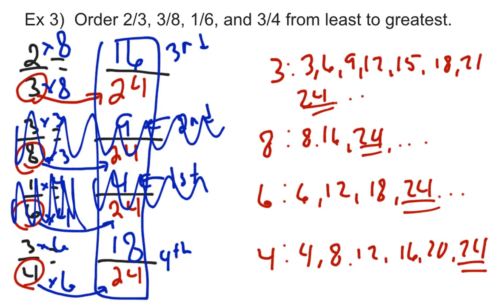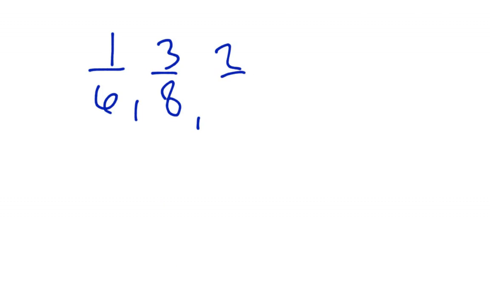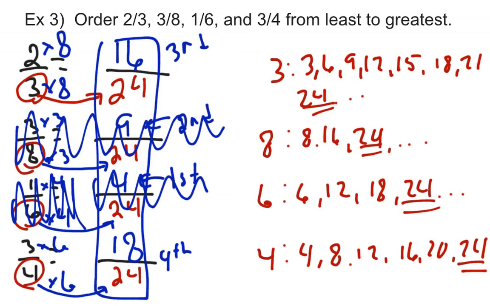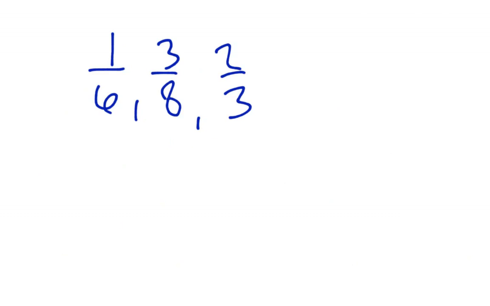Now we move on to the third one, which was 16/24, which in the beginning was 2/3, so I write that down next. And finally, the only fraction I didn't use, my largest one, was 18/24, which in the beginning was 3/4. So I write that down as my final answer.